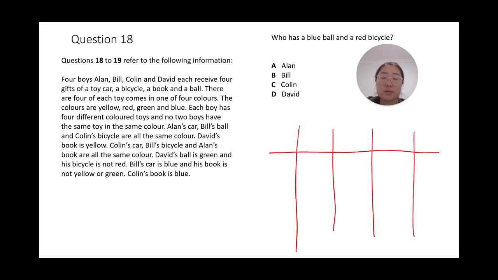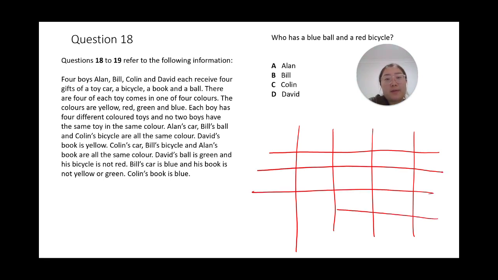And also, each of the 4 toys are all unique colors. So that means that every toy and every person will have a different colored toy. I hope I explained that well.